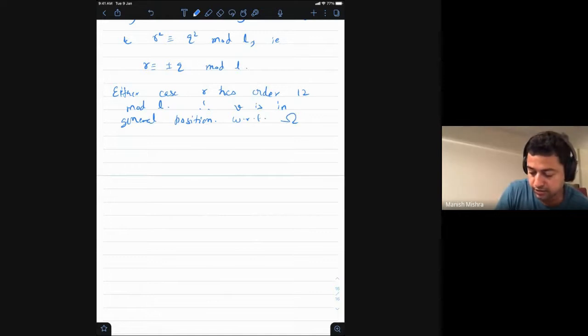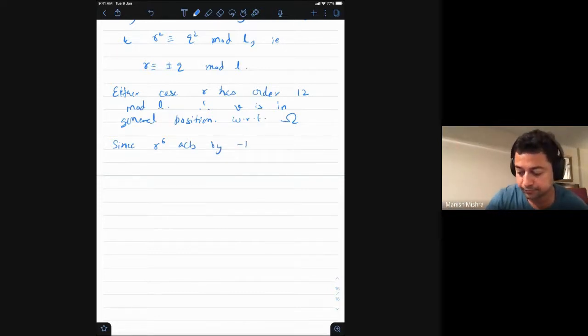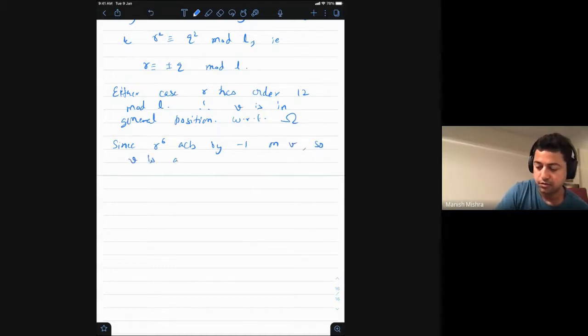Since R to the power 6 acts by plus or minus 1, it cannot act by 1 because of the order. So it acts by minus 1 on V. So V is also conjugate self dual.